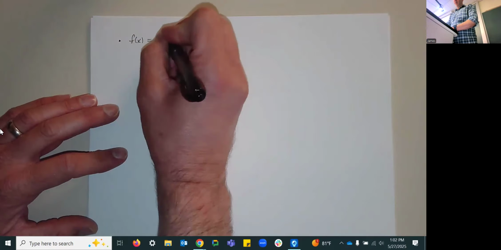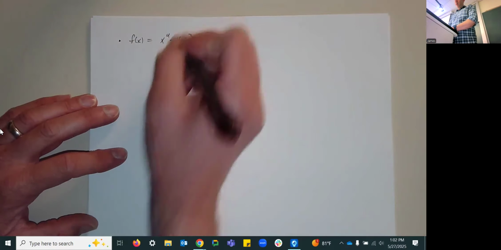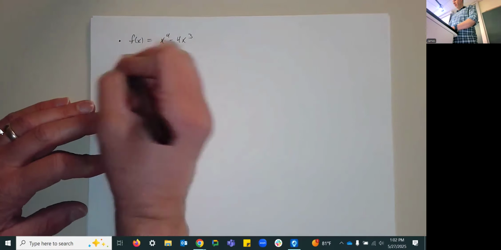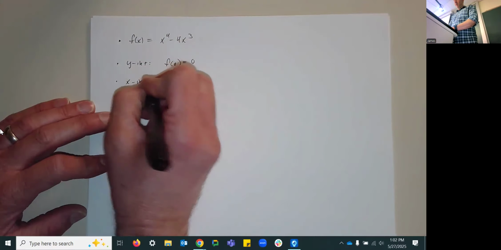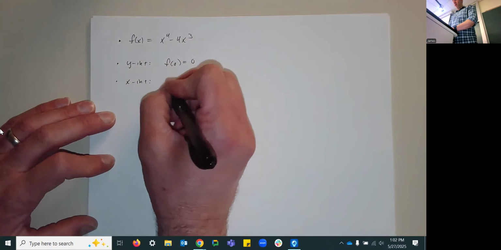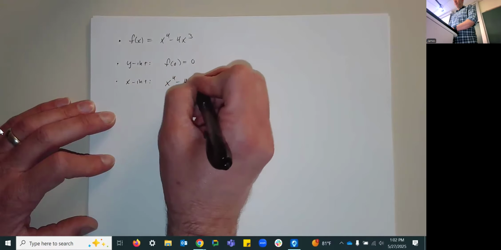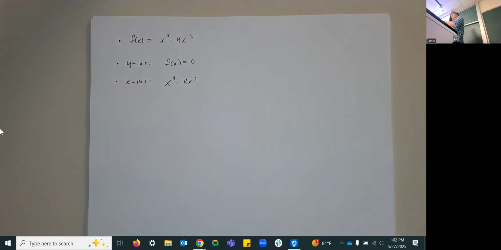So the function is x to the fourth minus 4x cubed. The y-intercept's not terrible here. It's almost never terrible. Plug in 0 for x, you're going to get 0. X-intercepts, we set the whole thing equal to 0, and we usually just factor right away. Also, usually when you're finding the x things, it's better to have the function factor as much as possible.